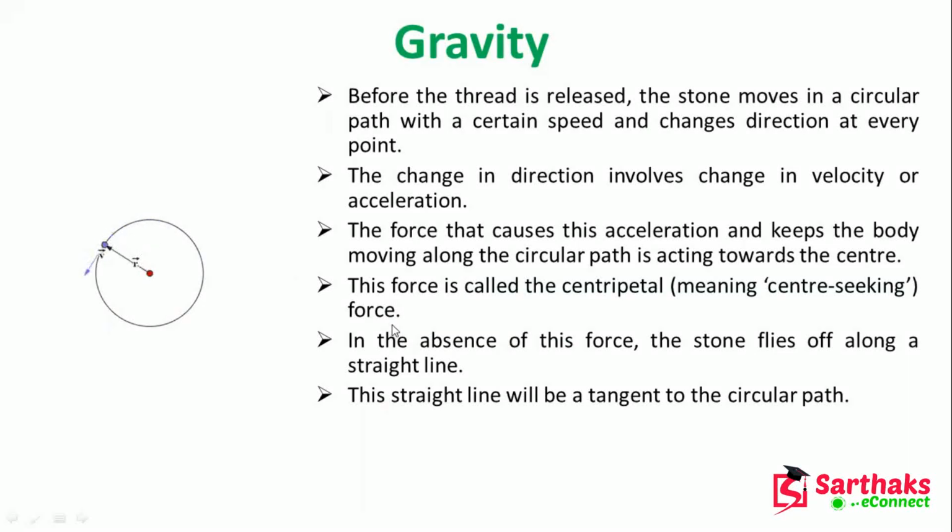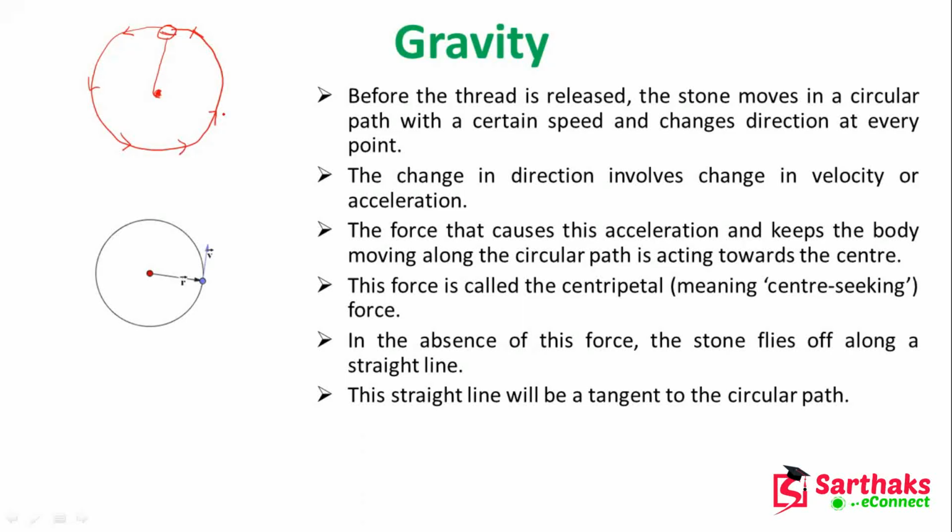Suppose we have one stone here, and we are binding this stone with a thread. With the thread in your hand, you are moving the stone in a circular motion.